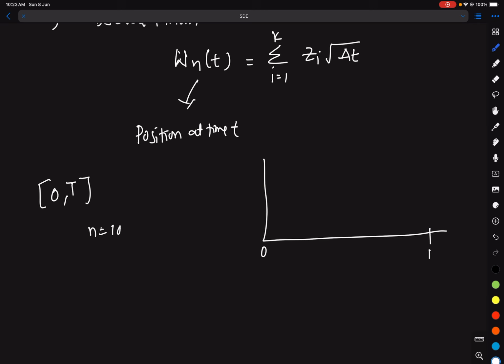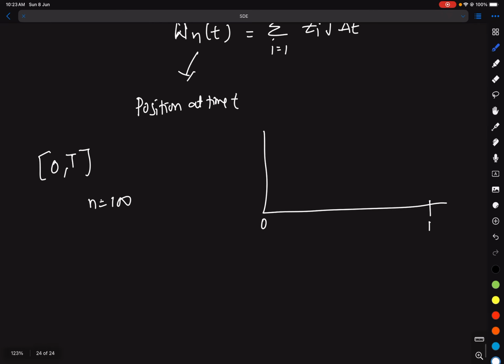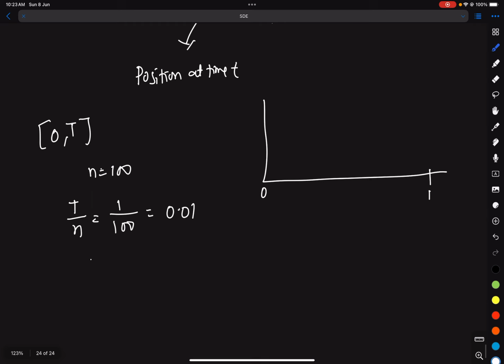Let's imagine n is 100. After dividing by 100 steps, capital T by n equals 1 by 100 equals 0.01. This is called delta t. So delta t is 0.01 here.